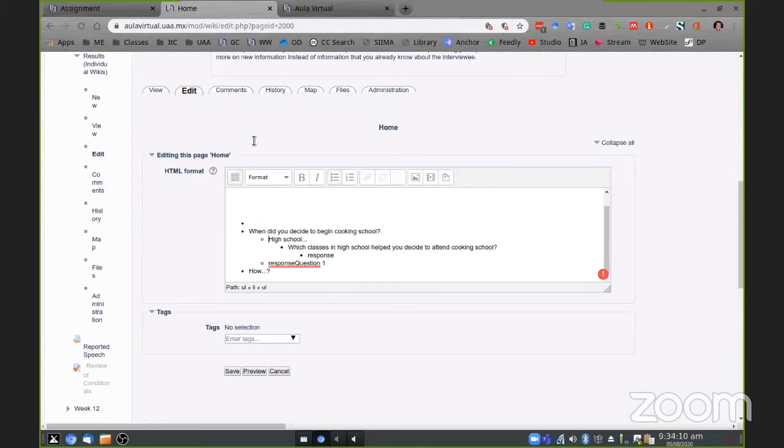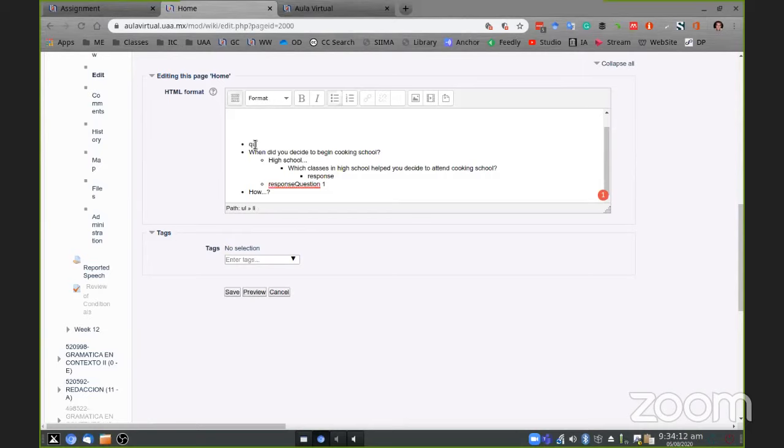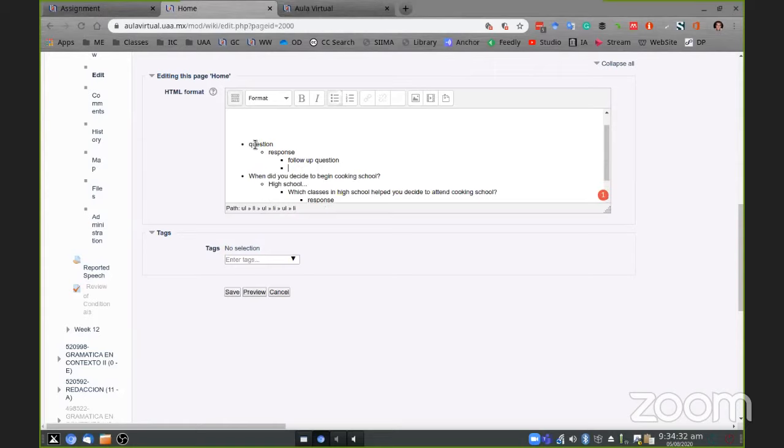So here we have my question, and then you can hit the tab, and then it will create a sub bullet, and then you have the response here. Maybe you have a follow-up question based on one of the responses, then you hit enter and then tab again, and then you introduce your follow-up question, and then maybe there's a response to the follow-up question. Okay, so try to use the bullet points in this way whenever you're creating your outline for your paragraph.